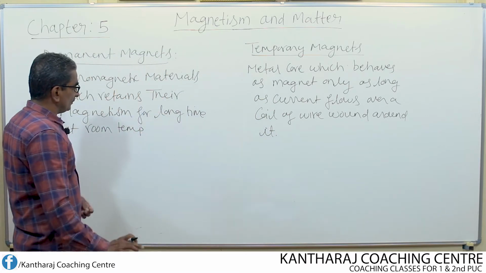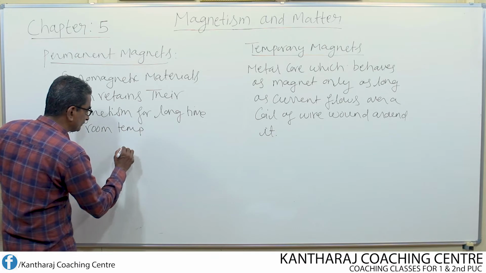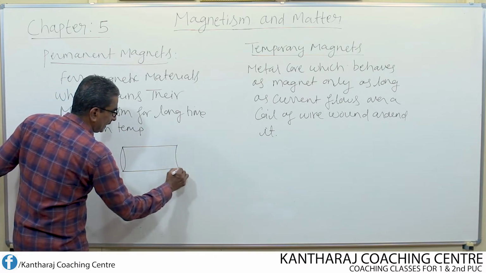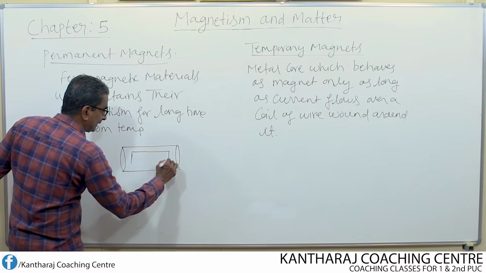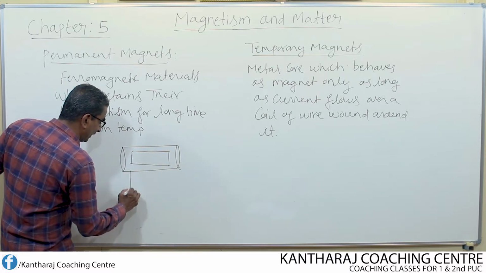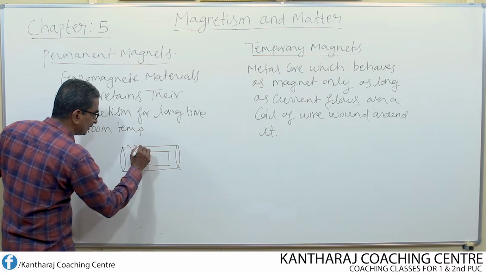Okay. Now, suppose I consider a solenoid and I keep one ferromagnetic bar inside it, and I pass the current through the solenoid. These are nothing but the turns of the solenoid.